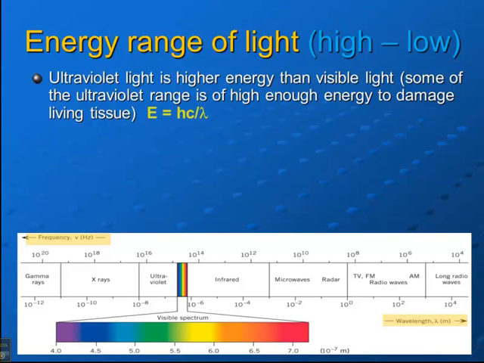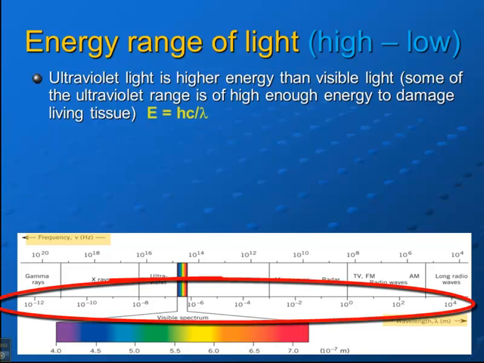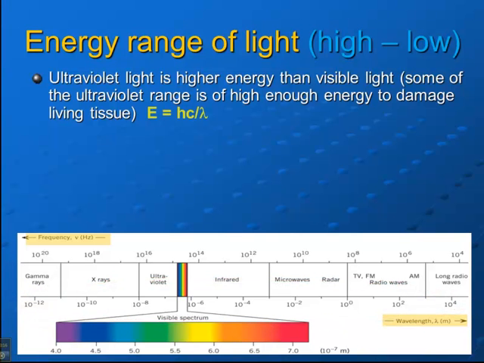But now let's just talk about the fact that there are these different wavelengths, and that is the energy range of light, and it goes from a high energy to a low energy. I've shown that in a picture here where the wavelength is on the bottom of that scale. As you can see, the larger numbers are to the right, so those will be longer wavelengths, and then shorter wavelengths on the left.